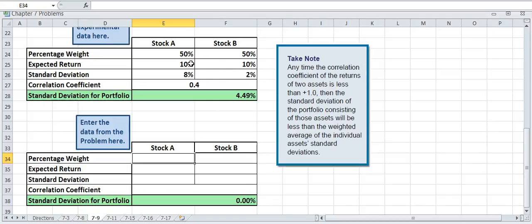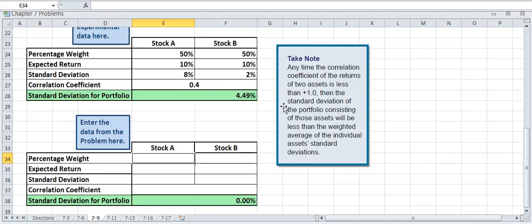I just put in two weights, and I've made these even. They're not actually random because I made them even on purpose so that we can easily calculate the standard deviation. We can look at the weighted average of the individual assets' standard deviations.